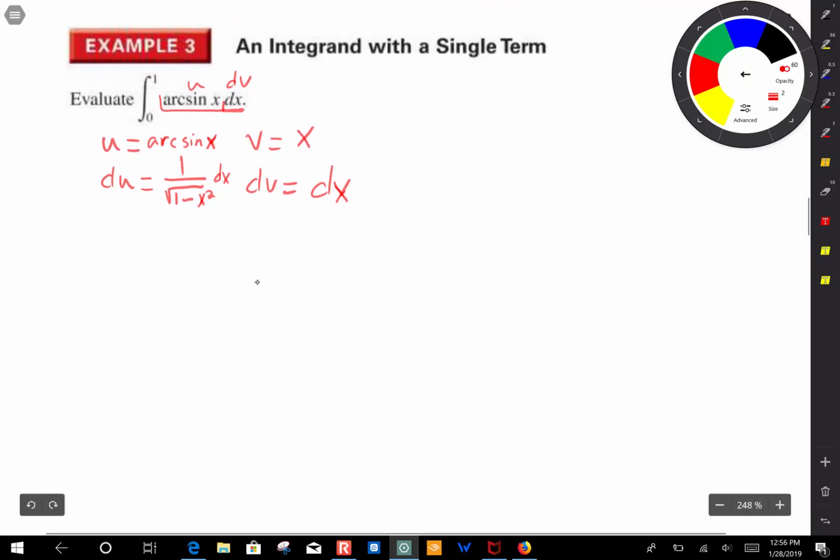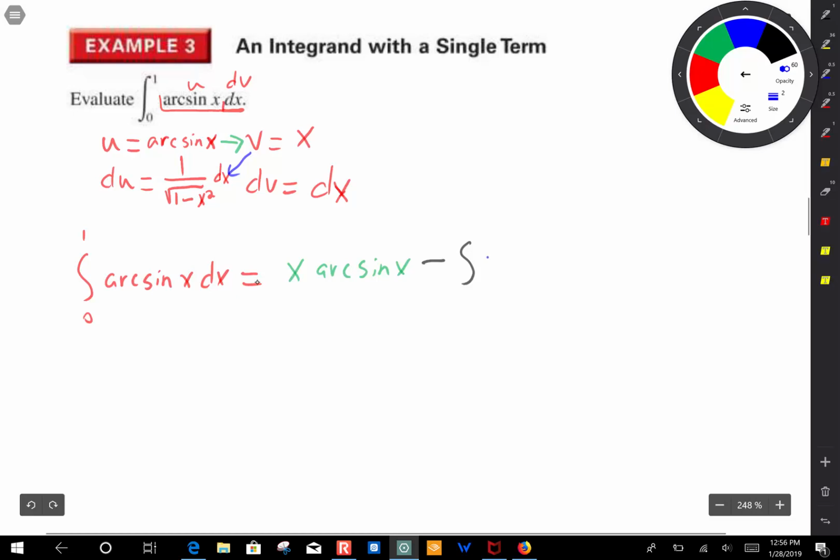So we want the integral from 0 to 1 of arc sine x dx, which is equal to u times v, right? So it's going to be x times arc sine x, and then minus the integral of v times du.